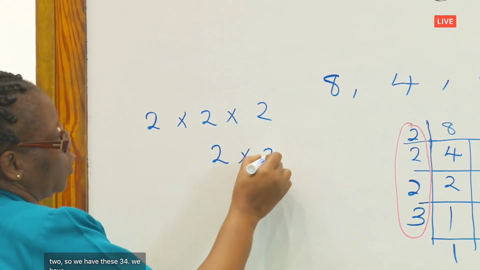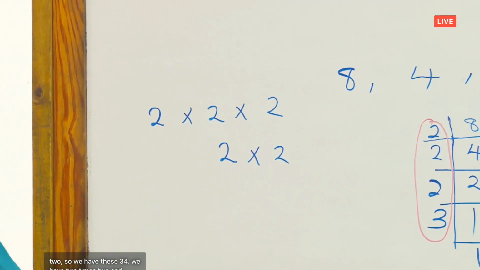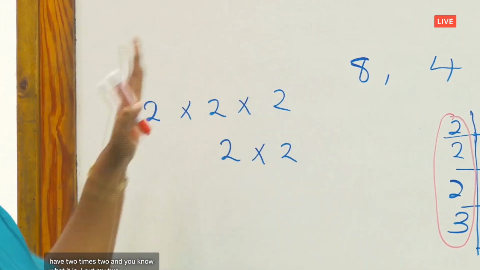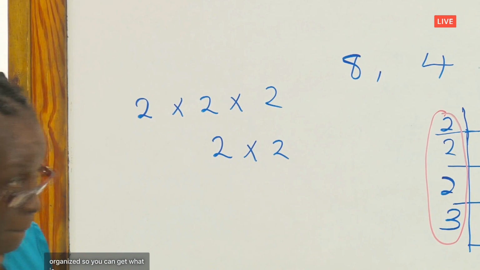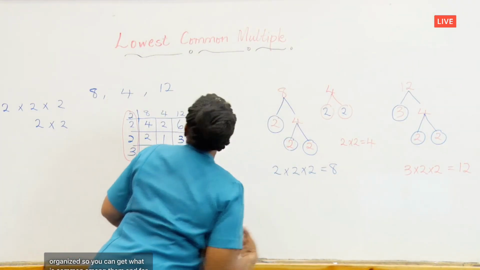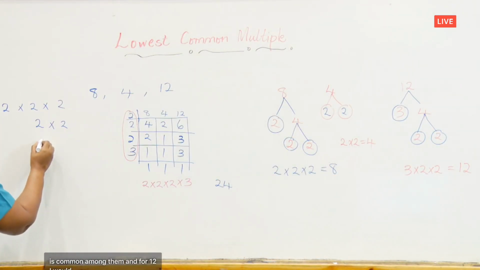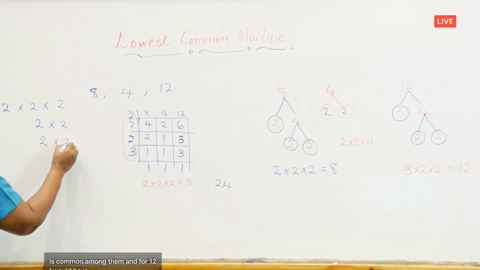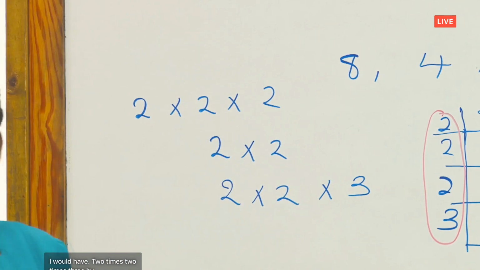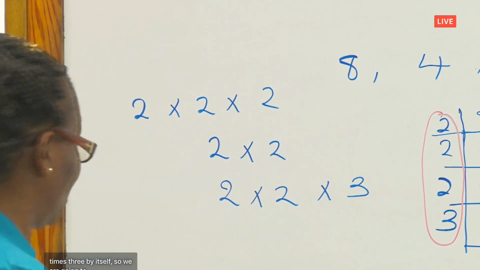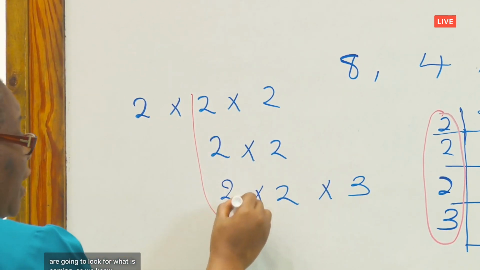So we have these 3. For 4, we have 2 times 2. And you notice, I put my 2 on the 2. So you try and get them organized so you can get what is common among them. And for 12, I will have 2 times 2 times 3 by itself.